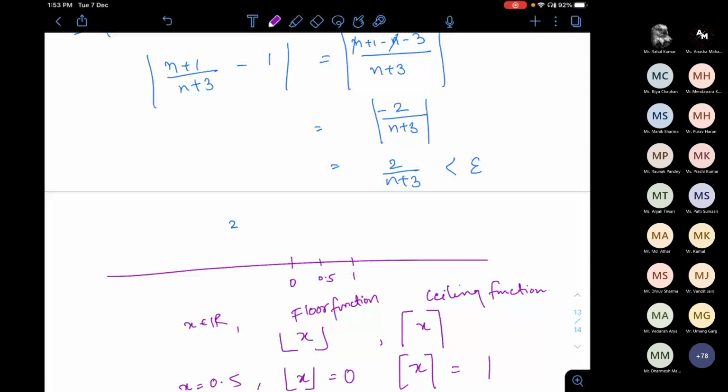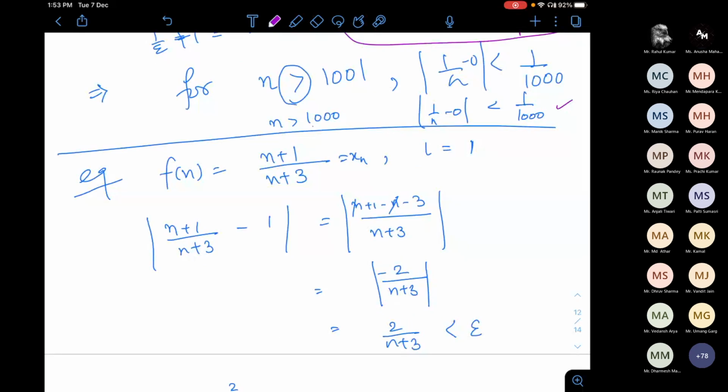Now the question in your mind, which at least some of you have come up with, is why we are doing this. We already know that xn is a sequence. By intuition we are saying that l is a limit, and we already have a predefined number l, like here 1. But here we are checking how far the number is from the sequence. We are measuring the distance for any given epsilon.